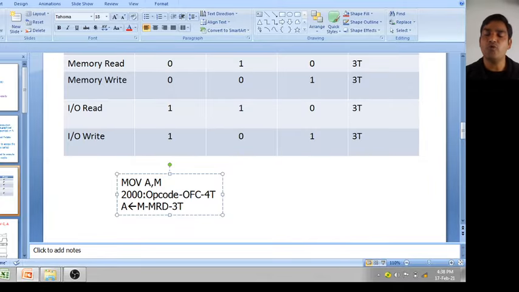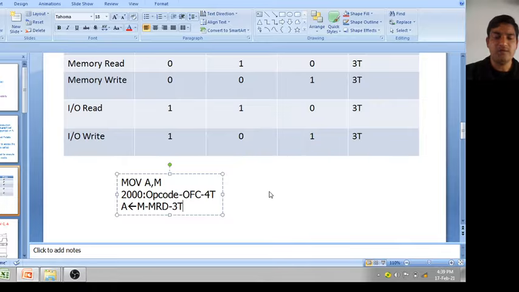In case of opcode fetching, the opcode is coming from memory to the microprocessor. In case of data coming from memory, there is no decoding. Only in case of an instruction byte, the opcode, there is decoding.